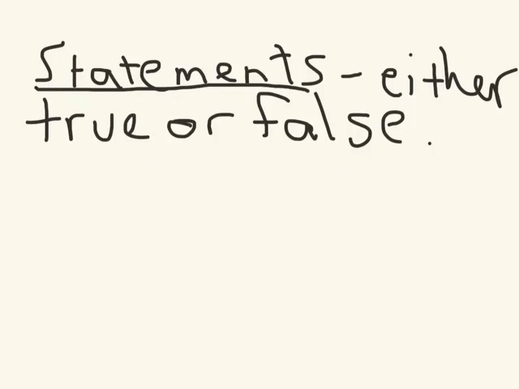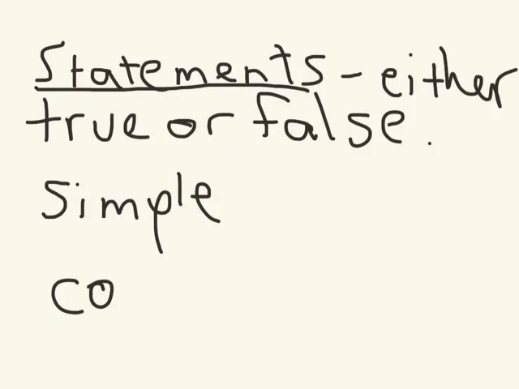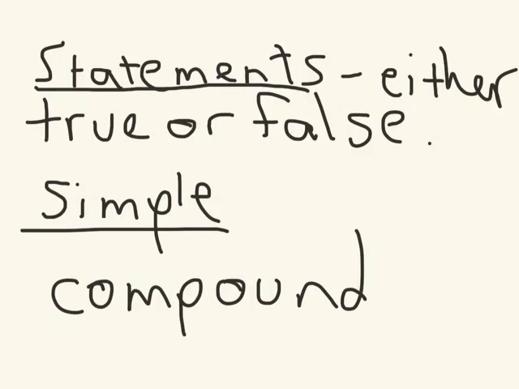Once we have statements, we can break it down into simple statements and compound statements. These words mean the exact same thing they did when you learned them in English class in probably 7th grade. A simple statement is just one idea. The sky is blue.